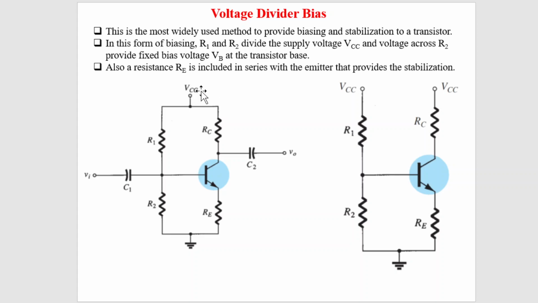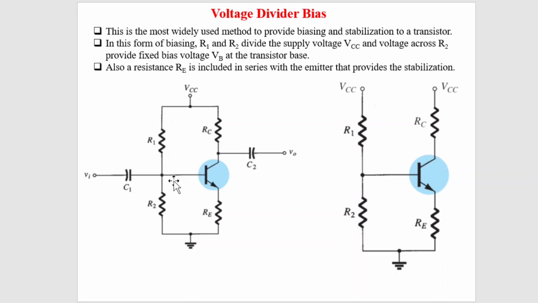The idea is that the DC power supply used to bias the transistor is divided into two parts by the resistances R1 and R2. This improves the stability of the transistor, and it is the most widely used method to provide stable biasing.